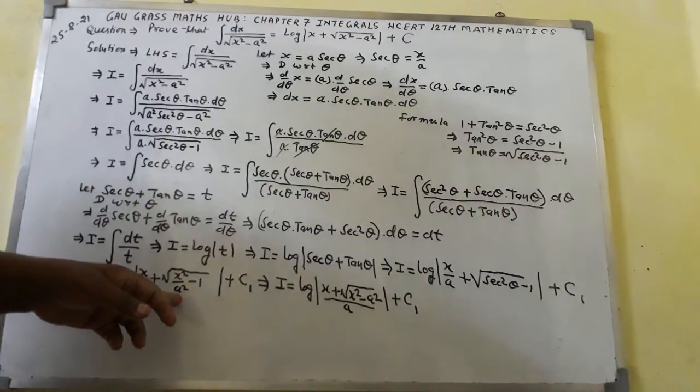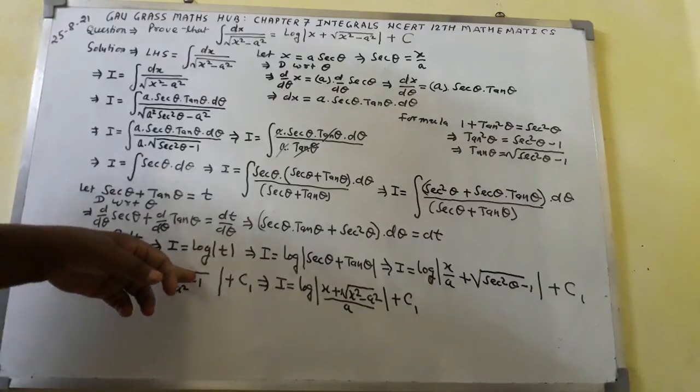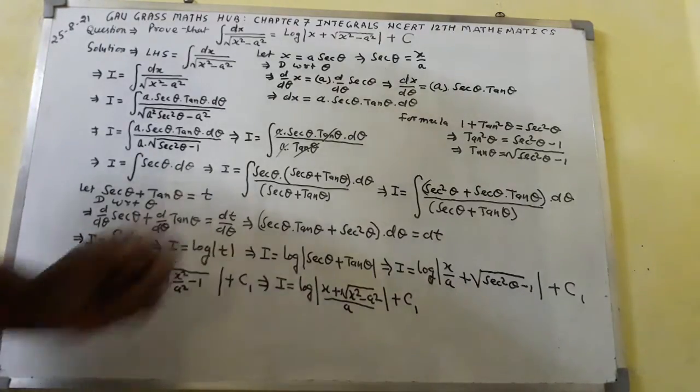In denominator you will get here a is there. The x plus under root x square minus a square whole over a I have written.